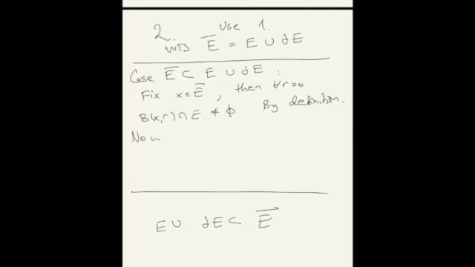Now, either there exists some positive radius such that B(X, r) is actually contained in E, or this does not hold, because every claim is either true or false.